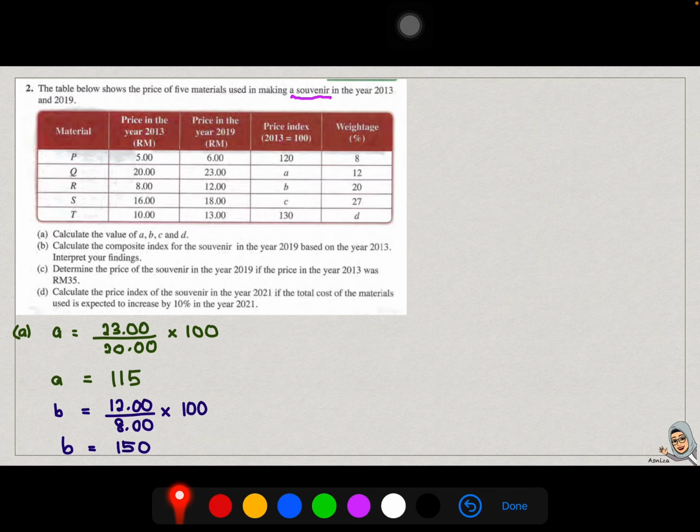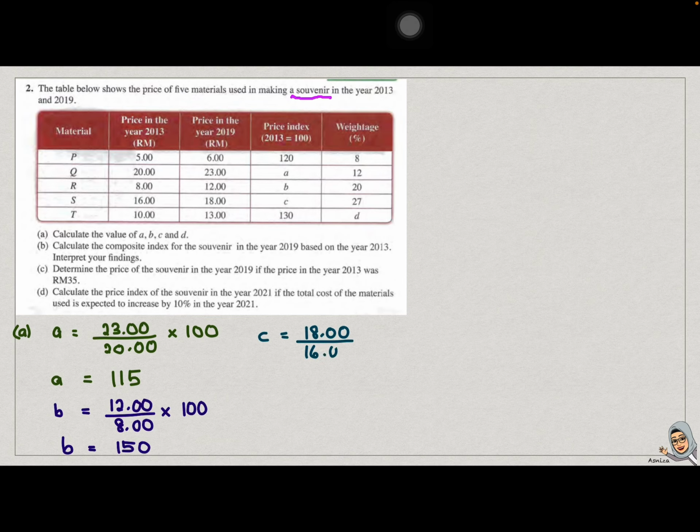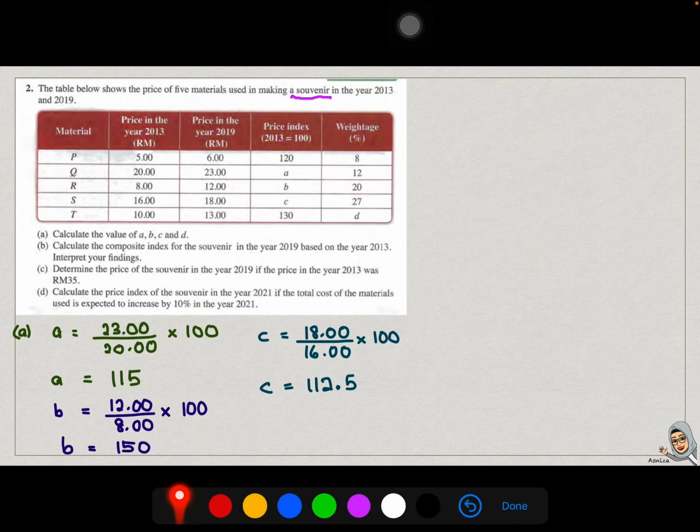And C will be the price index for S in the year 2019: 18 ringgit ratio to 16 ringgit times 100. So C is 112.5.